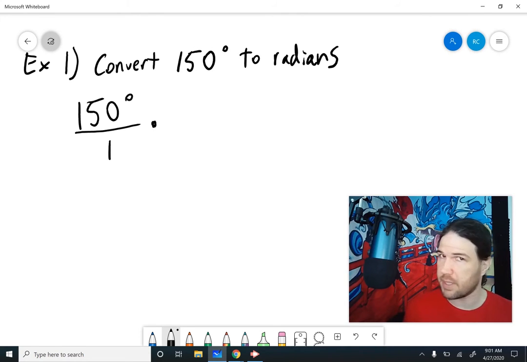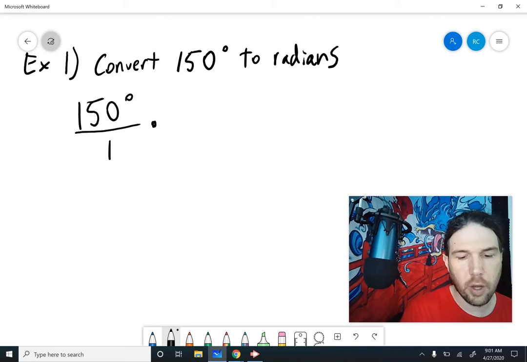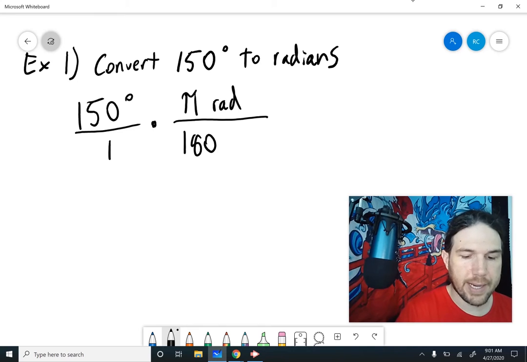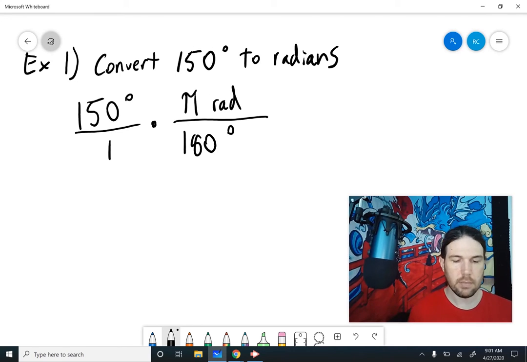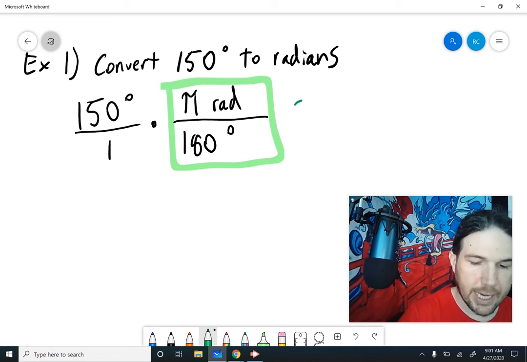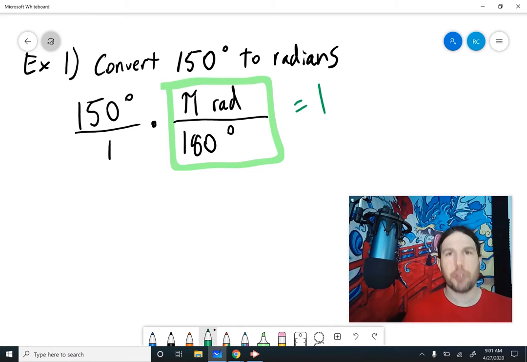We did this earlier this year. We know that there are pi radians in 180 degrees. This fraction here that I just made is actually equal to 1 because those are 2 equivalent values, right? Pi radians and 180 degrees are the same value, so their quotient is 1.